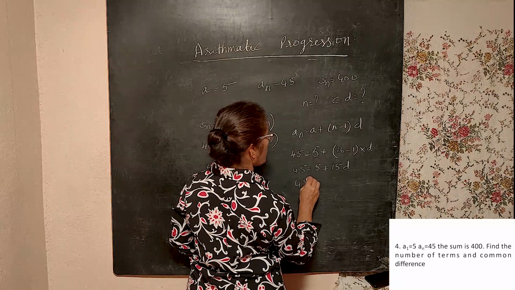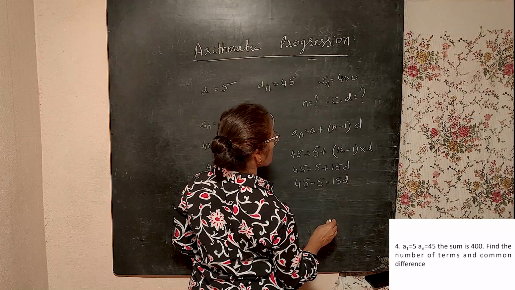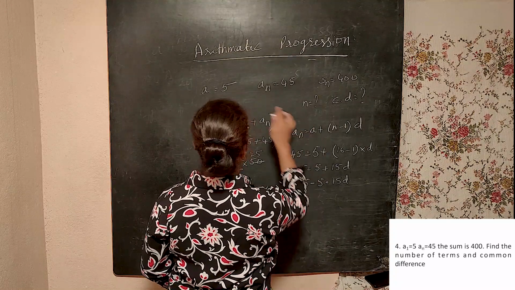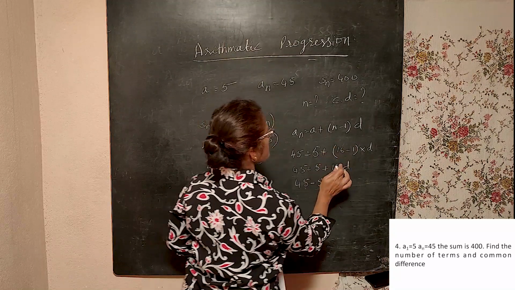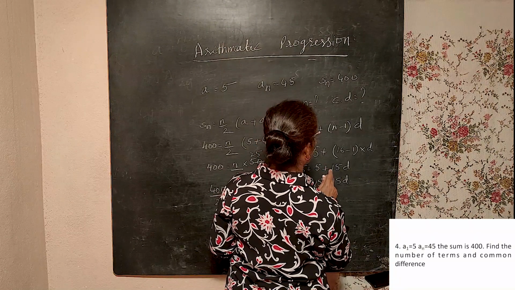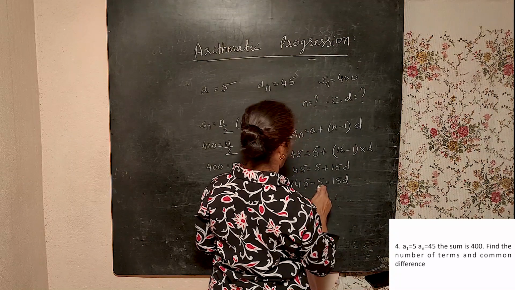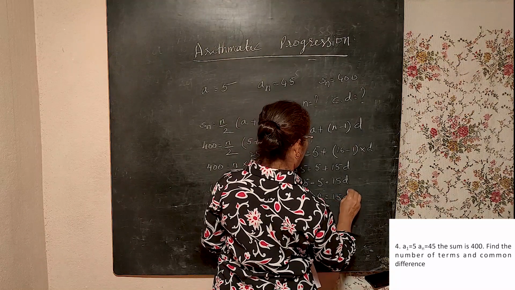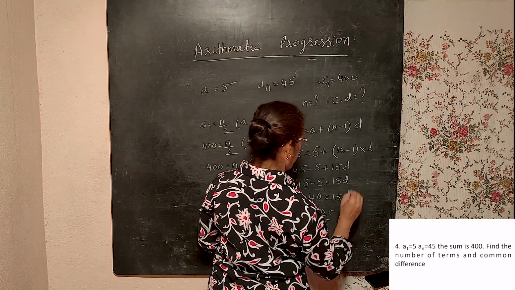So 45 − 5 = 15d, 40 = 15d. So d is equal to 40 divided by 15.